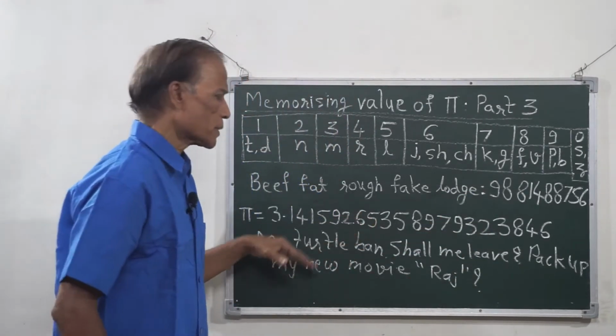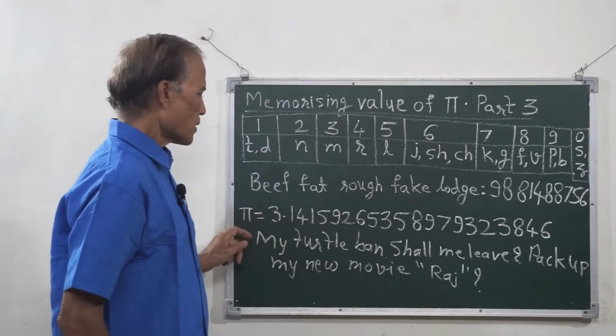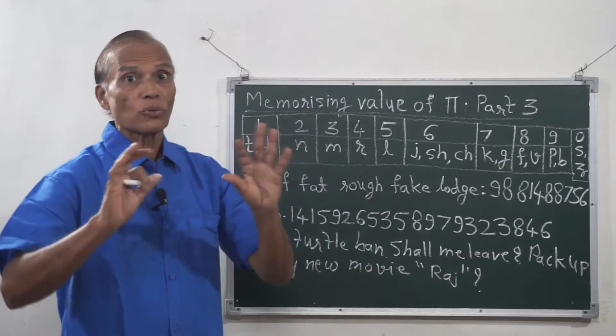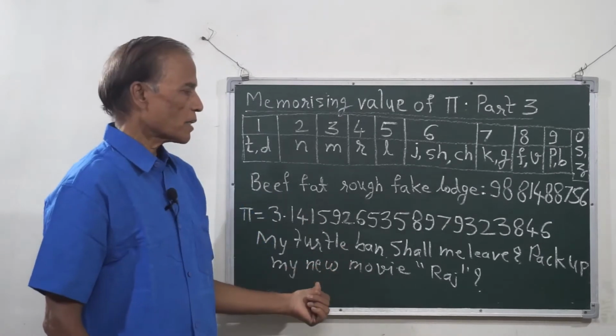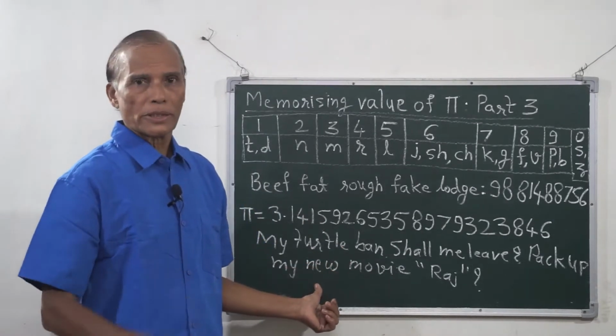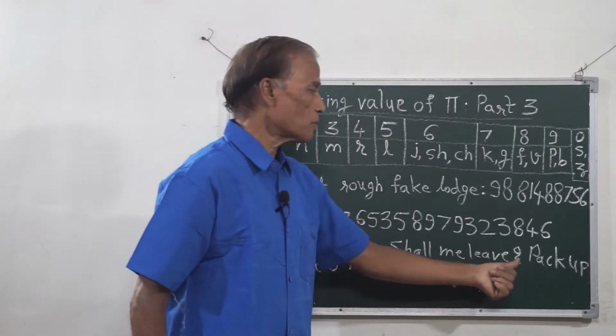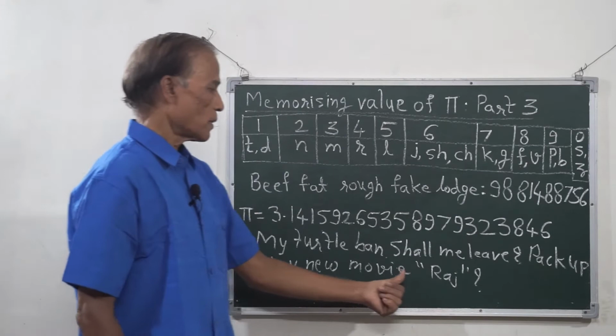See how conversion will take place, and see how interesting this sentence is. We can build up a story so that we can easily remember this text. My turtle ban shall me live, pack up my new movie, Raj.